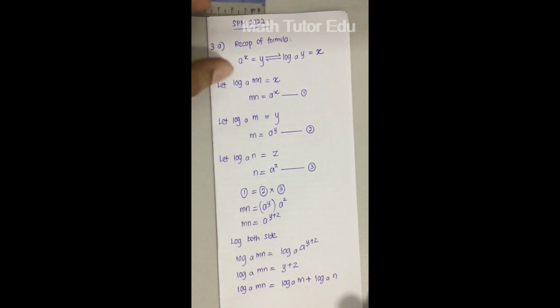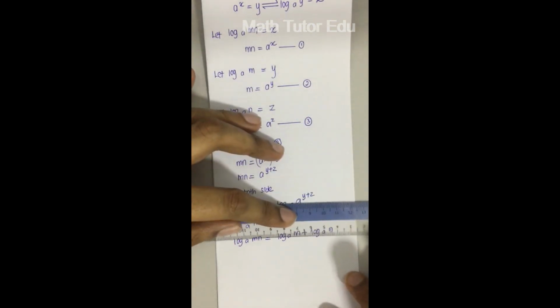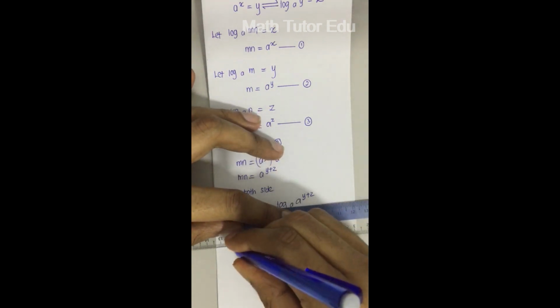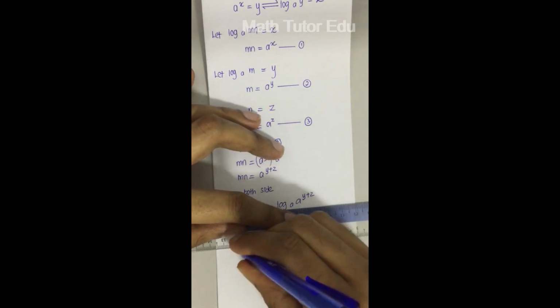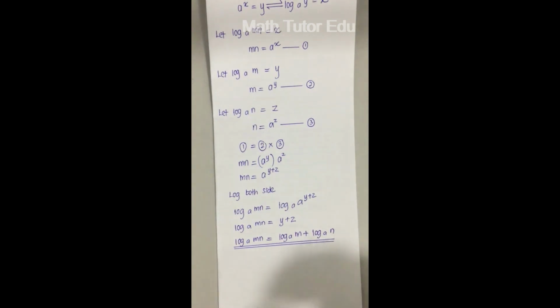And there we go, we have already proved the equation, or should I say we already derived the equation. Okay, we are already done with the discussion of question 3 part A. Let us proceed our discussion with question 3 part B.